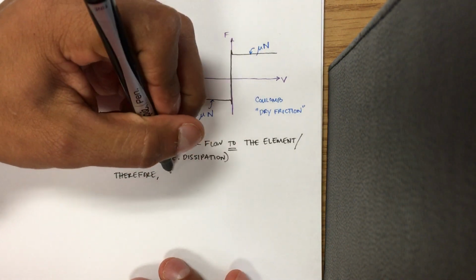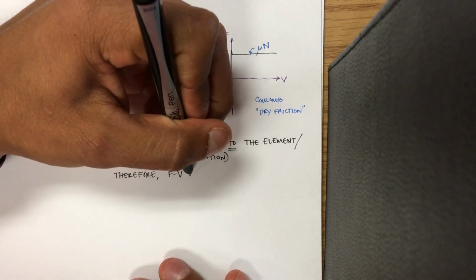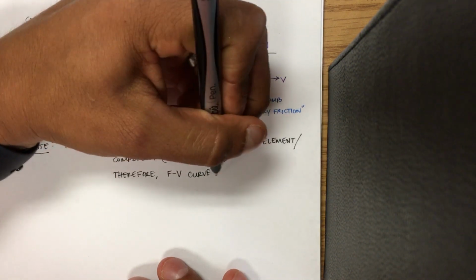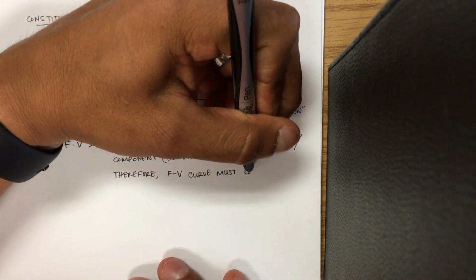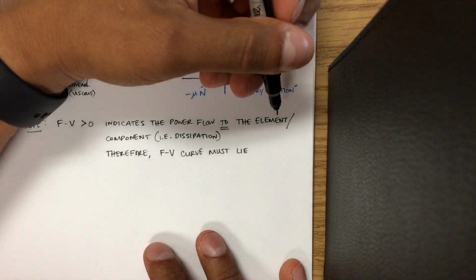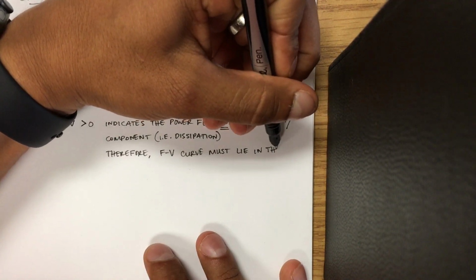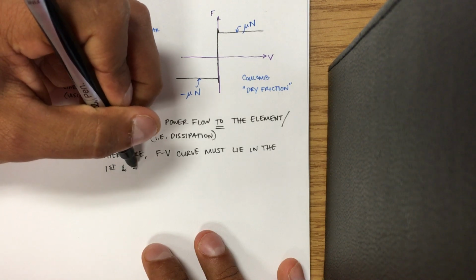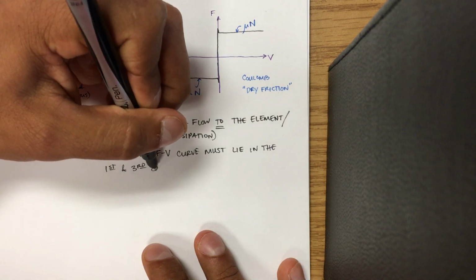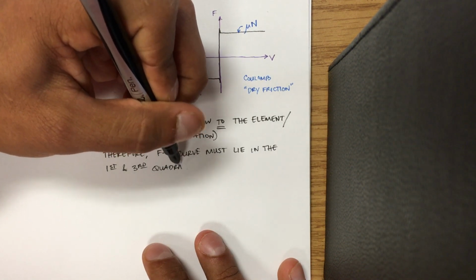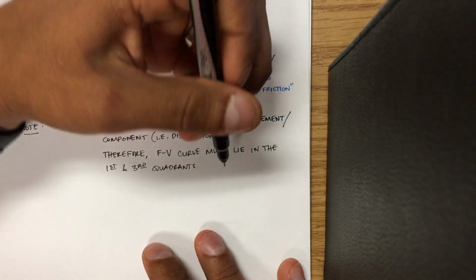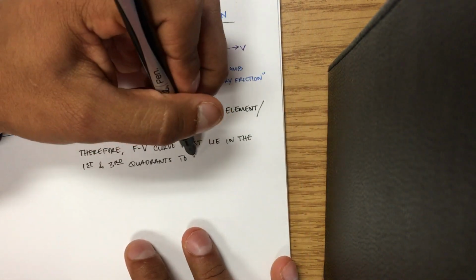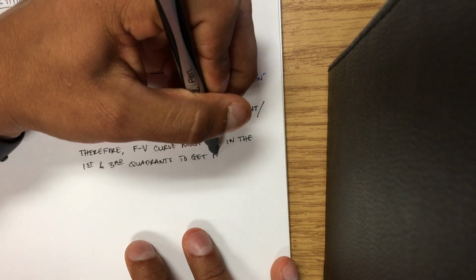Therefore, the FV curve must lie in the first and third quadrants to get dissipation.